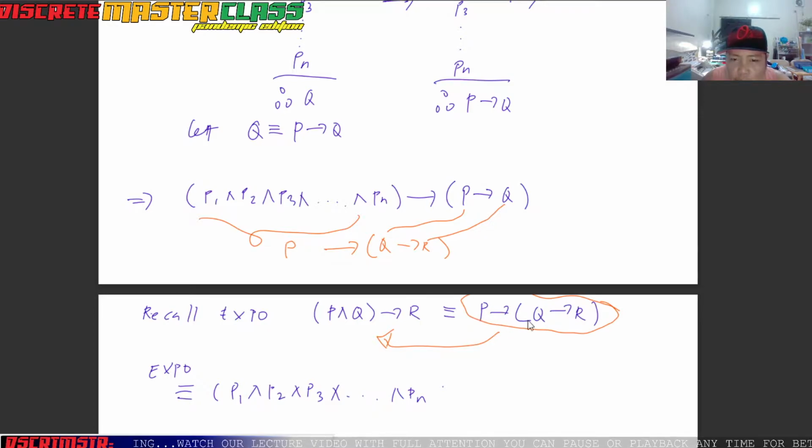Pag itong P implies Q implies R, in exportation mo, yung premise ng conclusion ay magiging part ng premise ng propositional form by using AND. So, yung P na to ay sasama sa loob ng premise ng propositional form. So, this is and P, close, at ang matitira dito R, but in our case, we have Q.